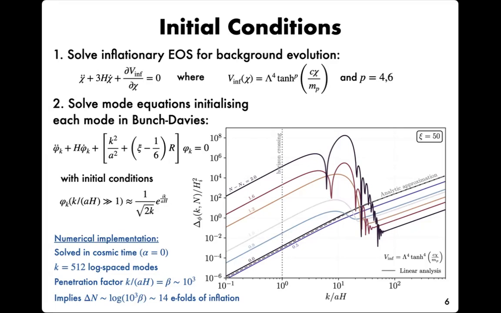And this is all well and good at the beginning of this period of growth. However, if I continue pumping more and more energy into this non-minimally coupled scalar field, then it's not just some small perturbation on this inflationary background, but rather I need to solve the whole set of differential equations simultaneously in order to get the correct results.